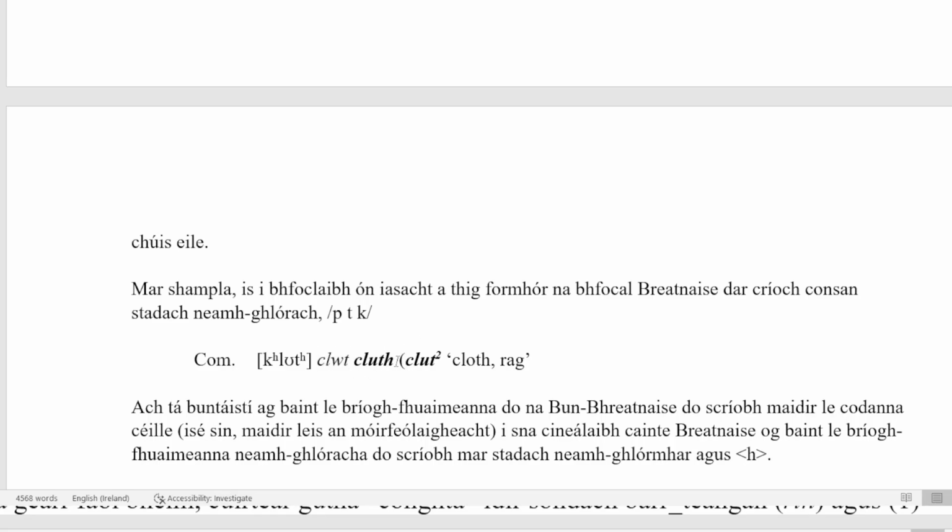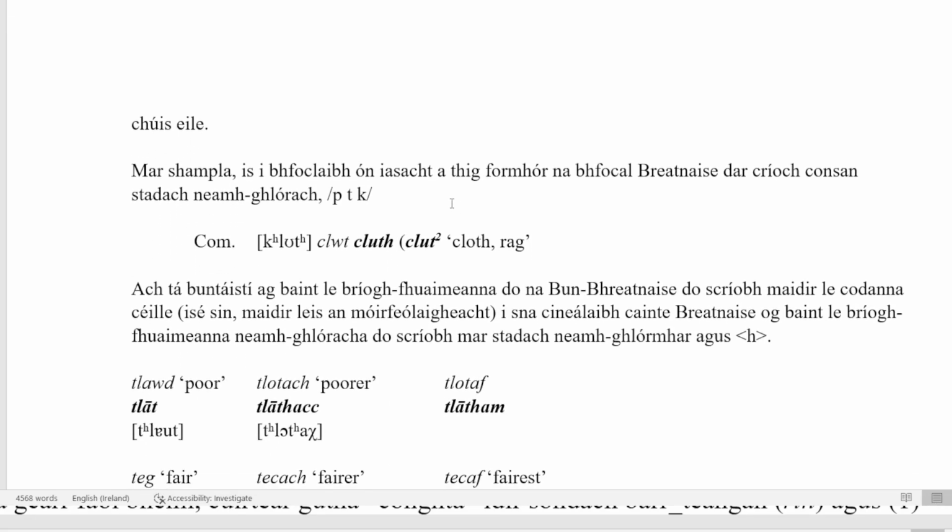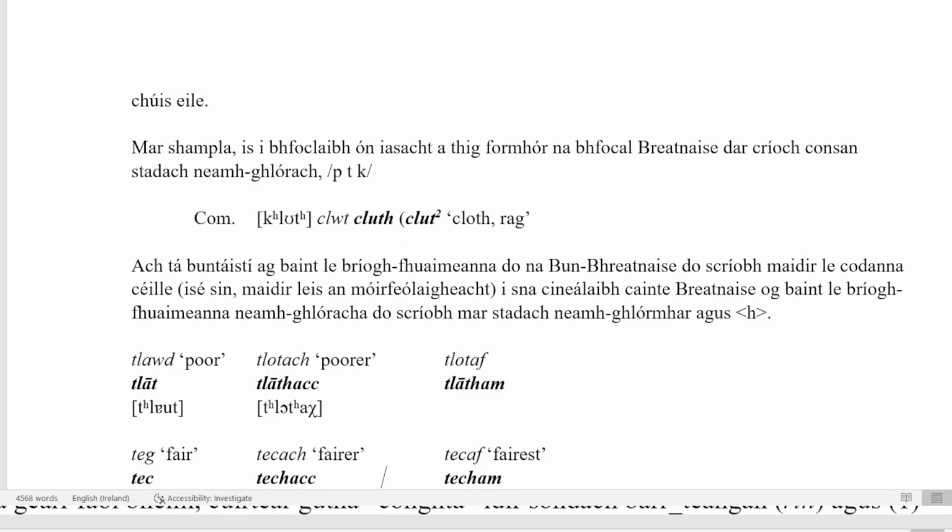What I would spell it as is this with an H, and I have good reason for that, because of course if it were a single stop, that would have become clud. If, for example, this were a Proto-Celtic word, that would be pronounced clud with a D, but then to unvoice that D to a T, you would require an H. But this happens synchronically nowadays in Welsh anyway.